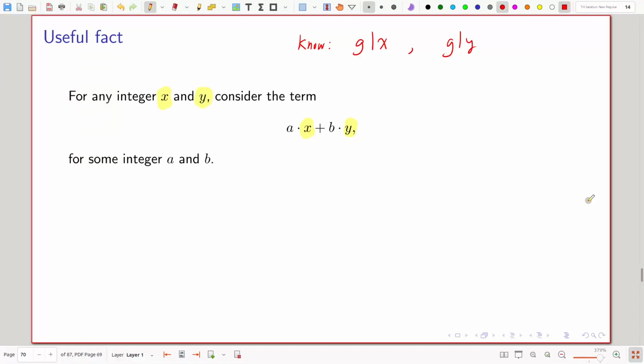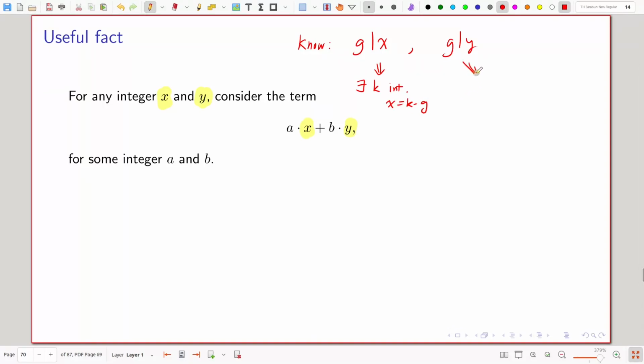Yes, right? Because if g divides x, it means that there exists some integer k such that x equals k times g.